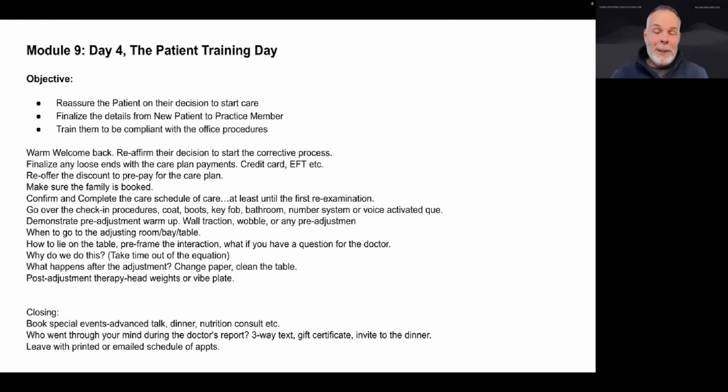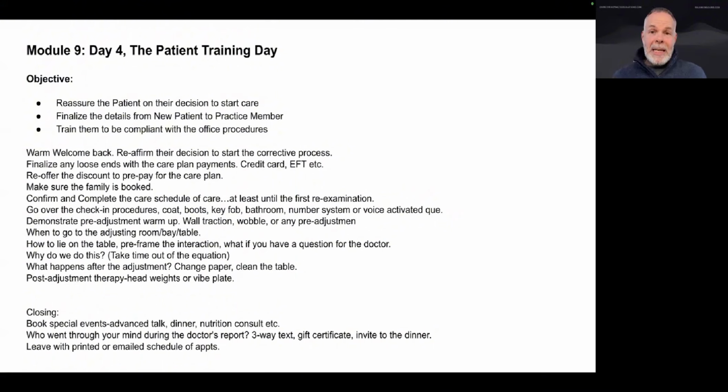So many people would come in and say, yep, I've got a table of 10. So that was another way, again, to bridge the gap and get people really engaged. And that's the whole purpose of day 4: to get people engaged in your culture, engaged in your system. And then they would obviously leave with that printed schedule of their care and/or their email of their scheduled appointments. So that was the general high-level overview of what happens on day 4.